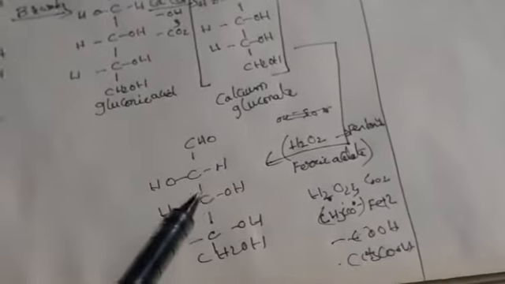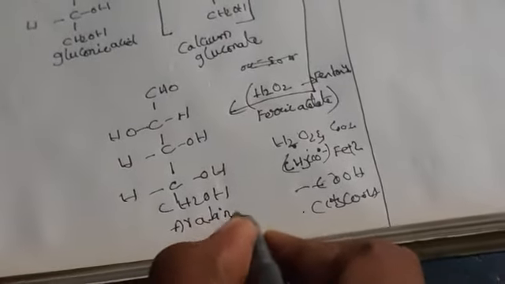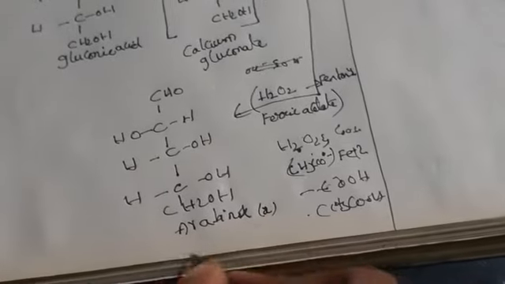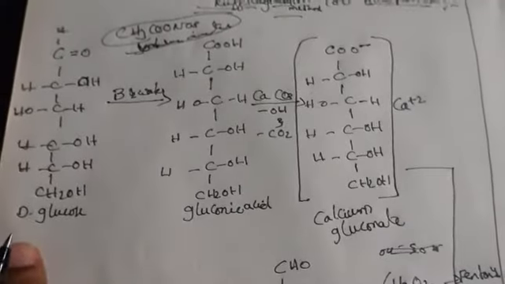See here, 1, 2, 3, 4, 5 carbons. So we are getting arabinose, or aldopentose.